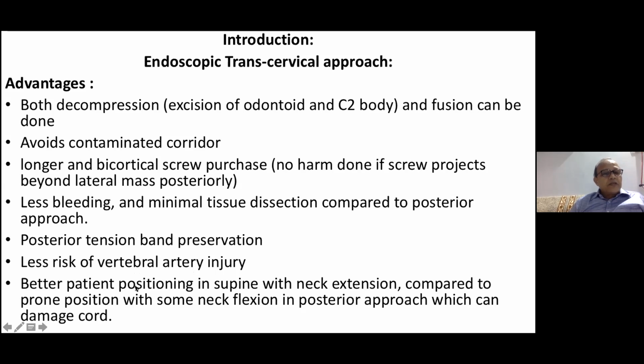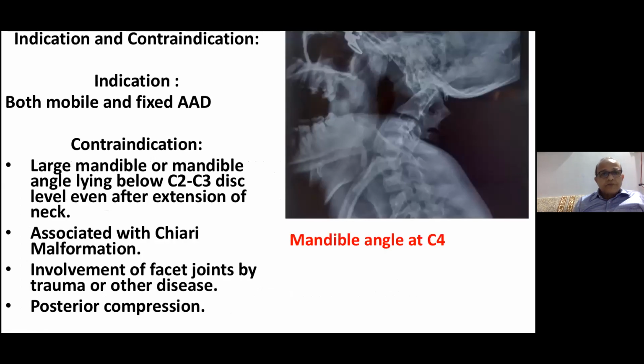This procedure is better because the surgery is done in a supine position with neck extension, very easy. Whereas in posterior approach, you need the prone position with little bit of neck flexion to expose the C1, C2 facet joint, which may cause a little dislocation and cause injury to the cord.